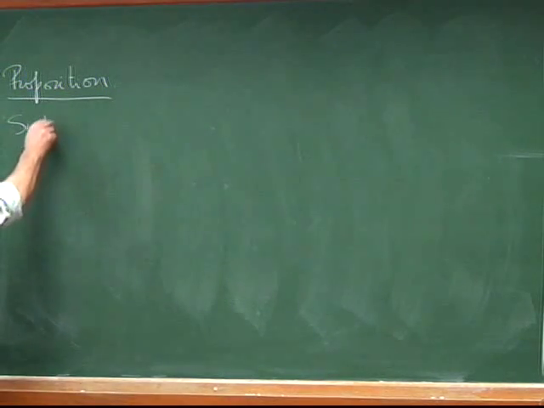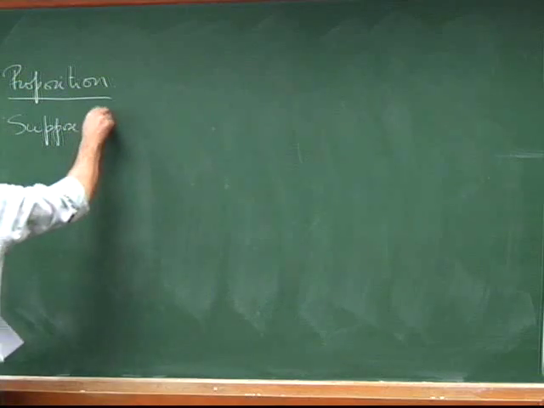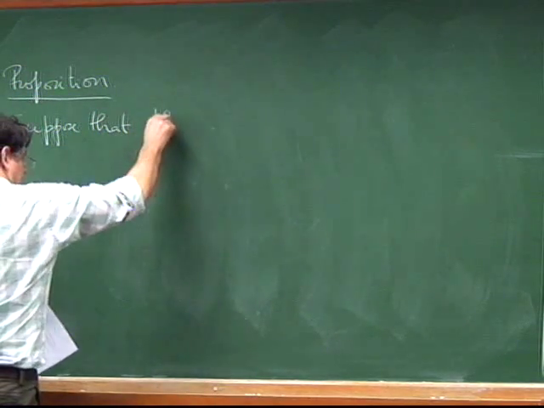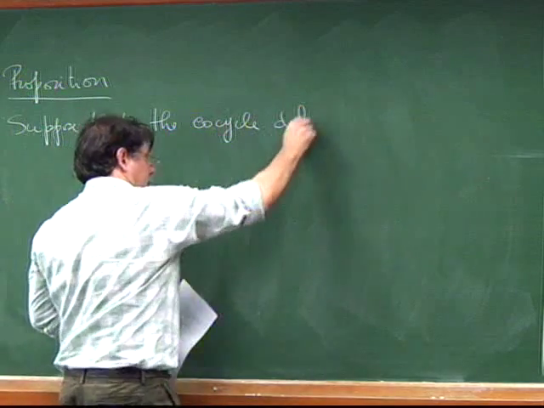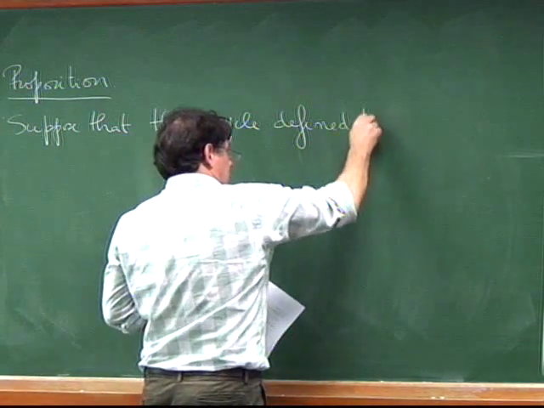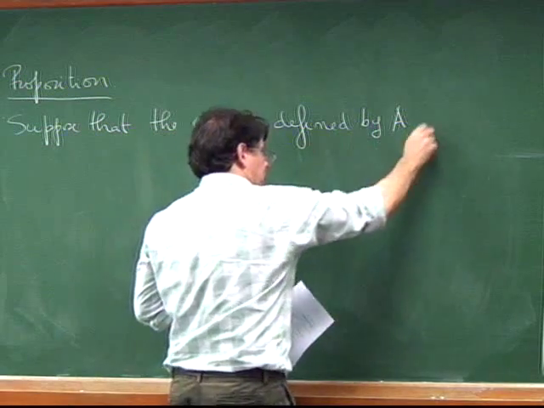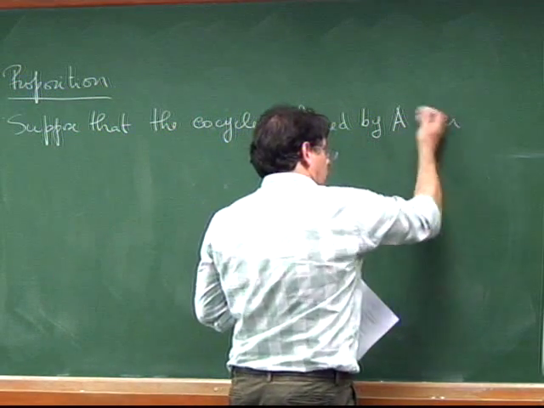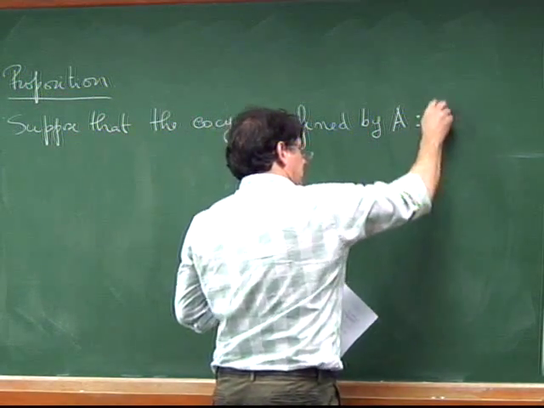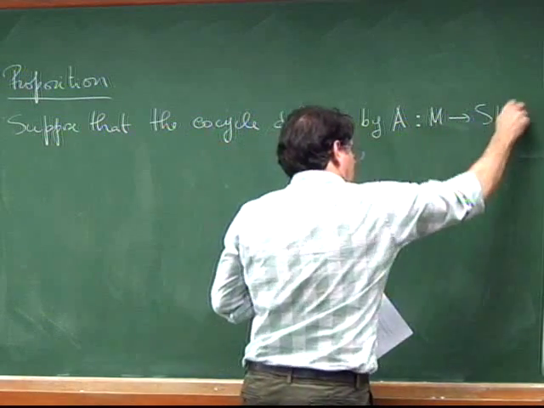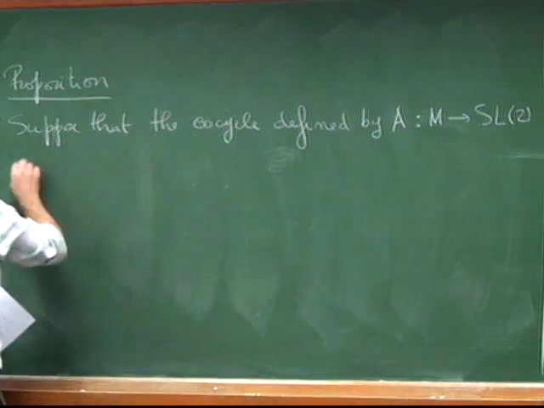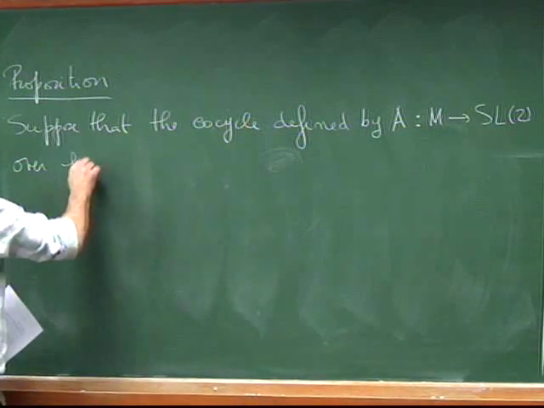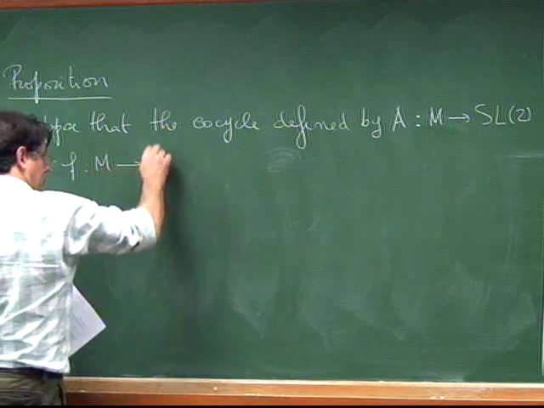Suppose that the cocycle defined by A over F is hyperbolic.